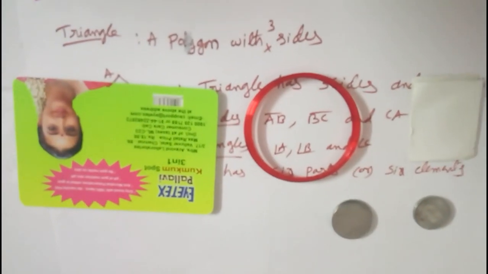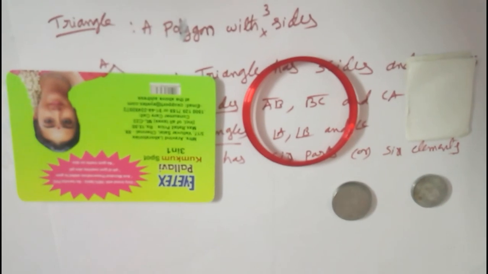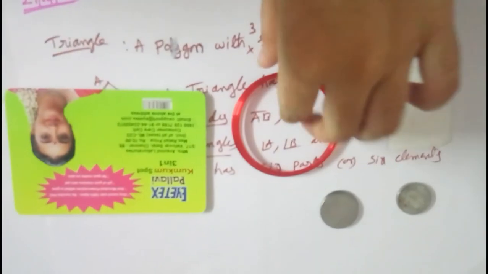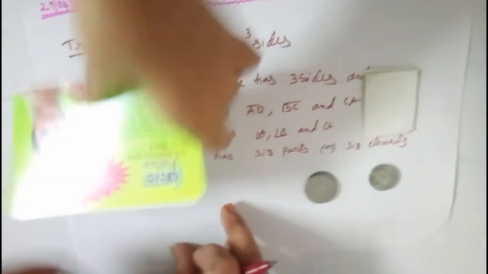So this type of figures are called congruent figures. What do you call such figures? Congruent figures. So how to define the congruent figures?